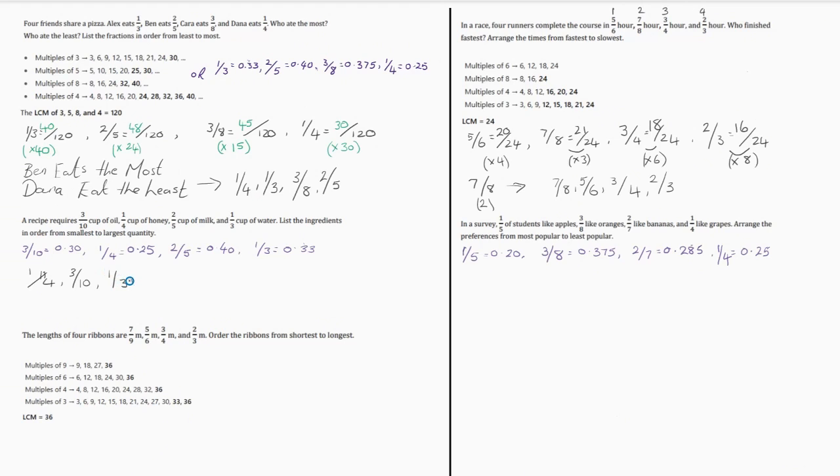And then finally, it's 2/5. That's nice and easy, isn't it? So when you've converted them to decimals or lowest common multiple, whichever way you want to do it, it's just a nice, easy method from there. So let's go over to the next one.